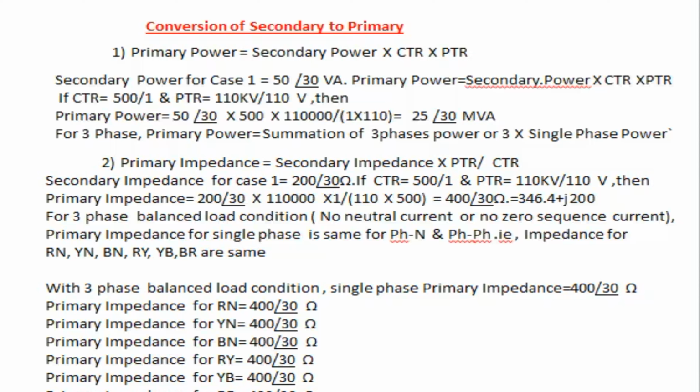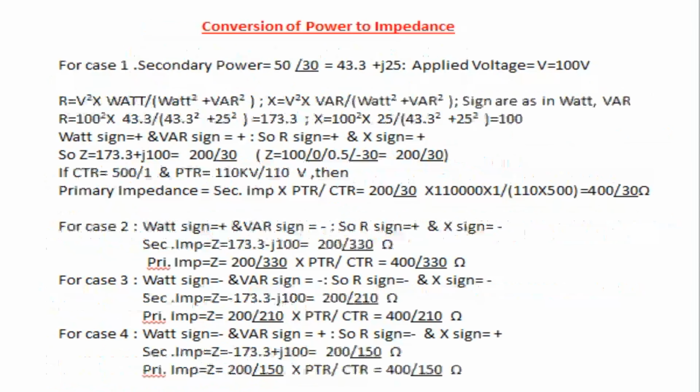Primary impedance for Rn, Yn, Bn, Ry, Yb and Br is each equal to 400 angle 30 ohms.